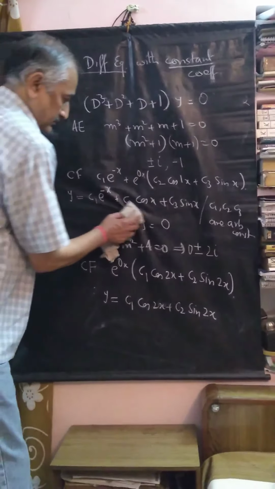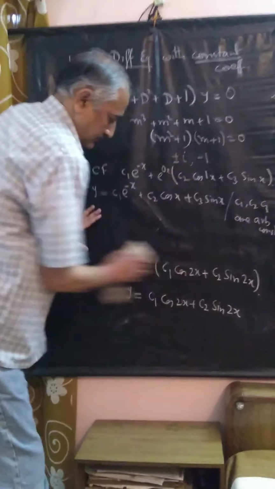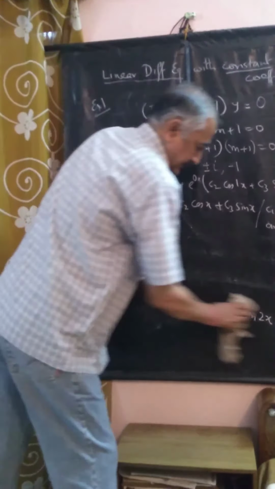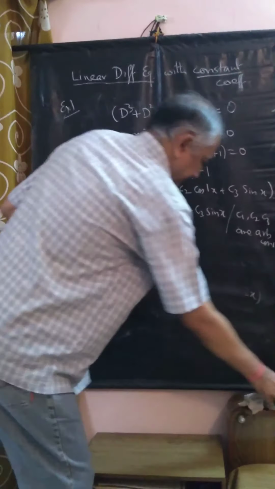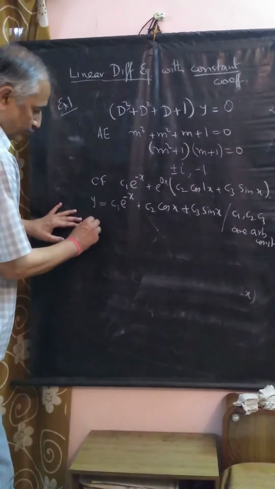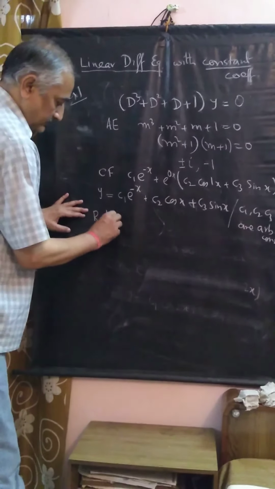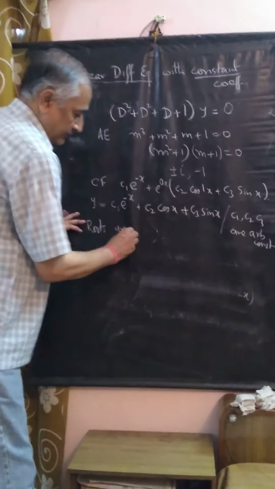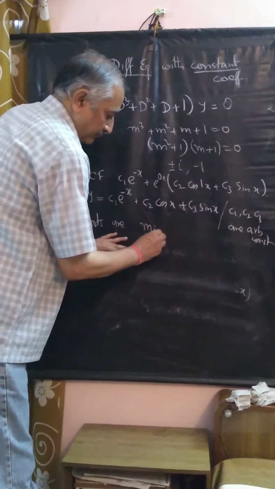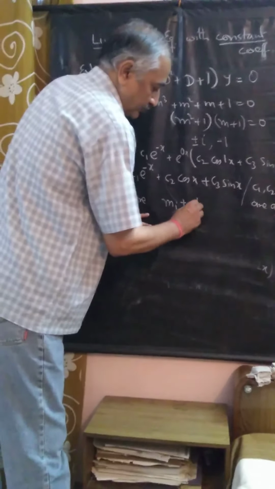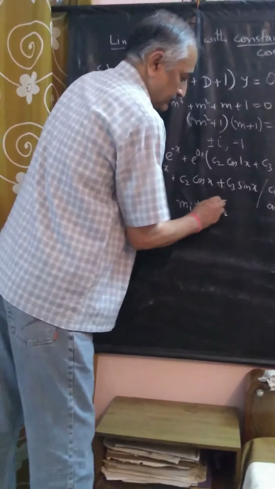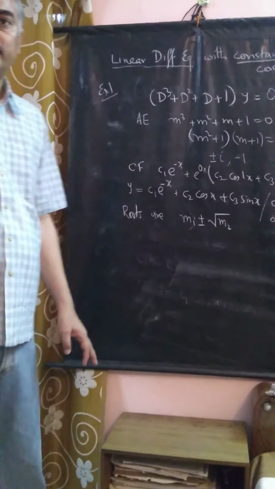Another one which I'll write, and then if the roots are of the type m1 plus minus root m2, these are called surds.